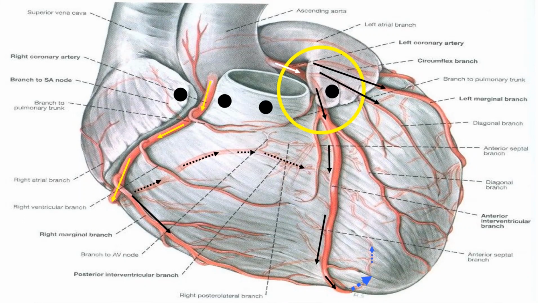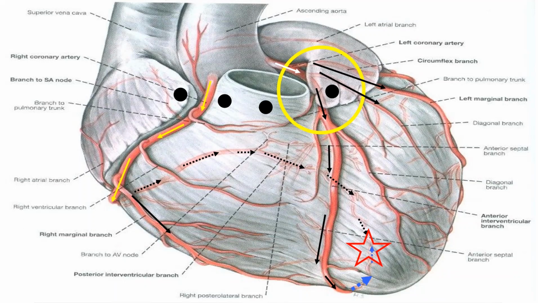Then it continues as right coronary artery and runs along the coronary sulcus, and look what is going to happen here. It is going to give the posterior interventricular artery, while the anterior interventricular artery is a branch of the left.